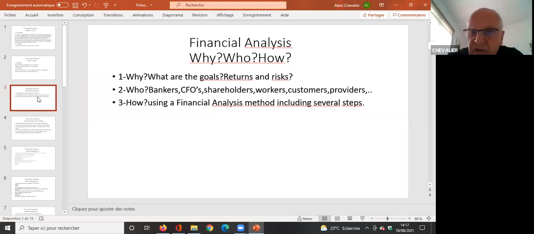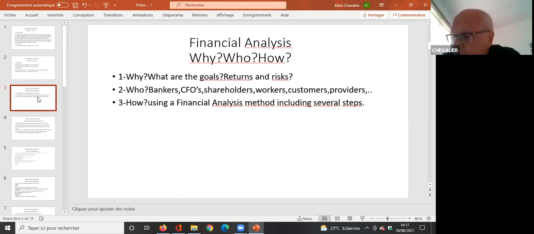bankrupt of a firm. But customers and providers are also interested by the risk of their counterparts. The customers, they want to know if their order will be satisfied. If it is an order in 3 months or in 6 months, if the firm will be able to produce and to deliver.